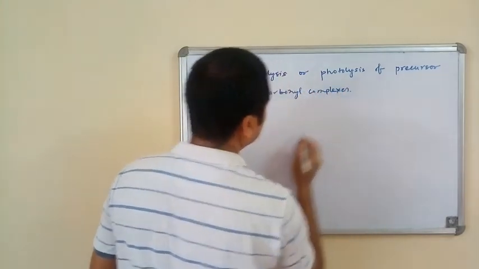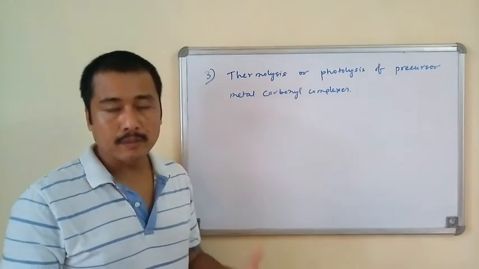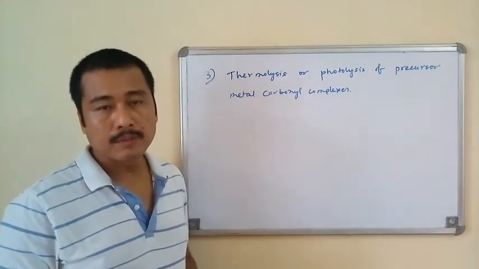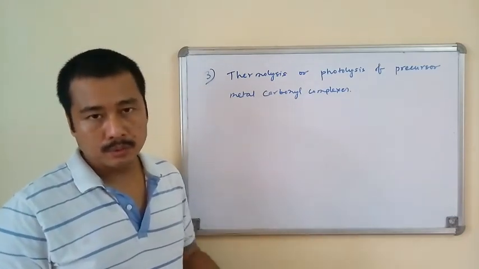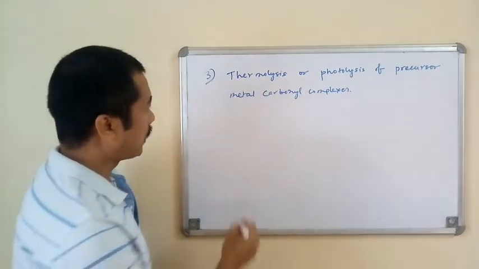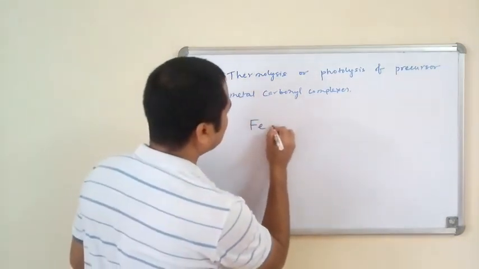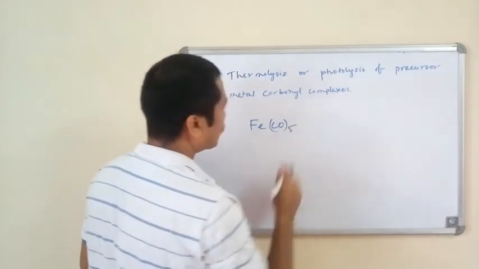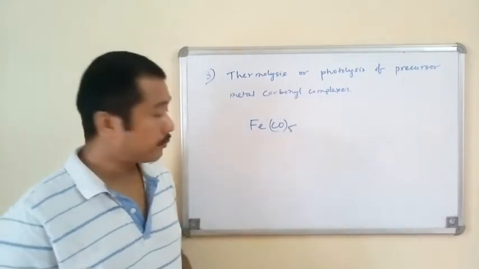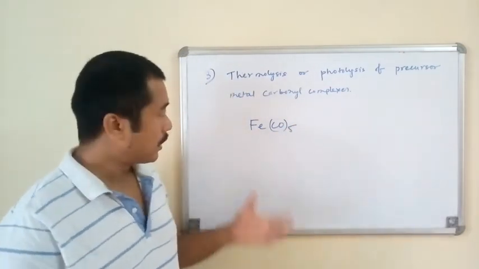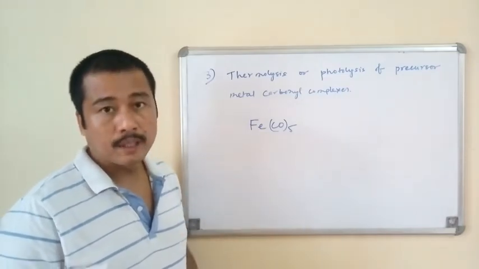complexes. So you need to start with a metal carbonyl compound which is susceptible to either temperature or light irradiation. One example we will see is iron pentacarbonyl, which is stable at room temperature but is susceptible to temperature or to light irradiation.